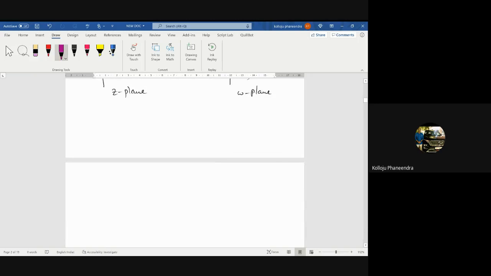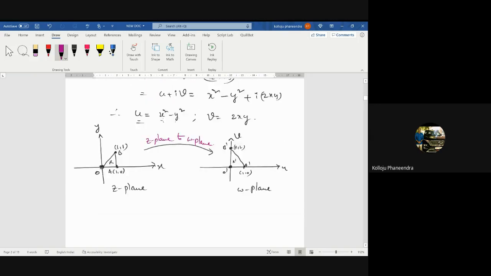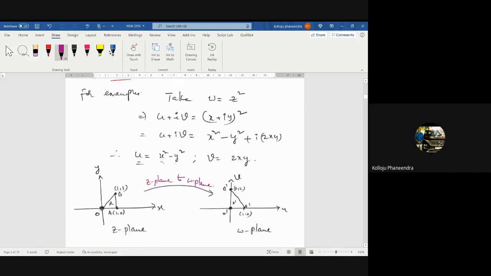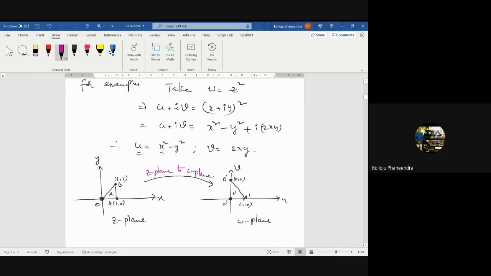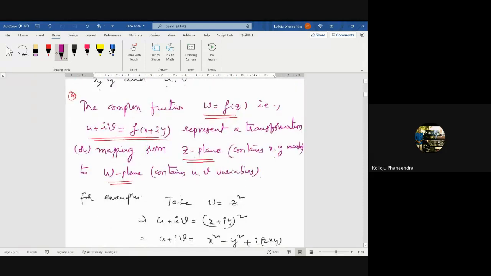Any doubts in this one? Complex variable. Next, what about the complex function? One important point here: why am I taking two planes, the z plane and the w plane, to represent the function w equal to f of z? Because four variables are there. For four variables, is it possible to draw a single graph? I would need a four-dimensional space having four mutually perpendicular axes, x, y, u, v.